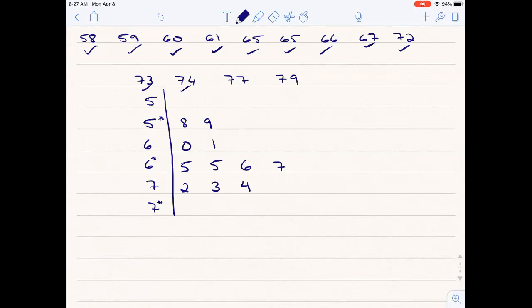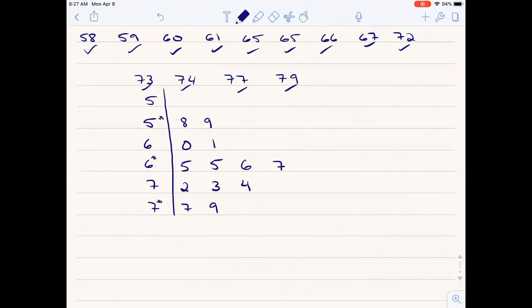And then the upper stem for 7, we've got a 77 and a 79. If you kind of tilt your head here, looking at it sideways, this looks like a histogram, but also looks like it follows a normal distribution. So I'll just do this.